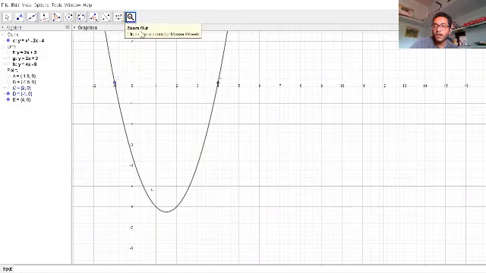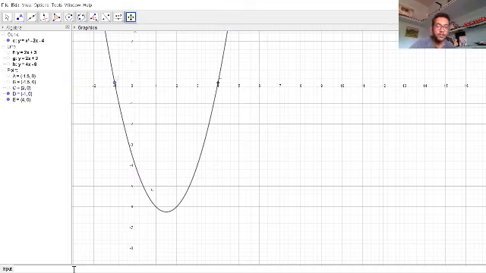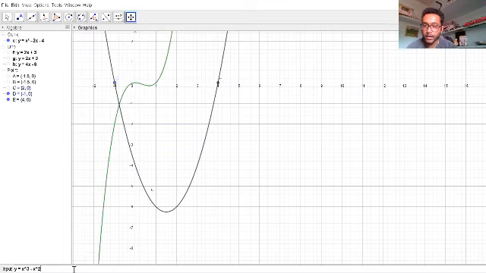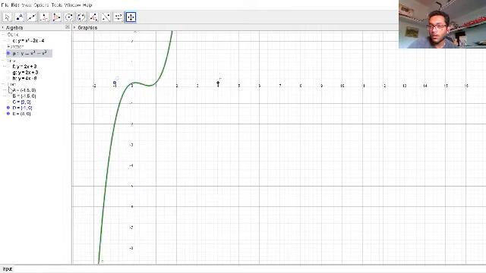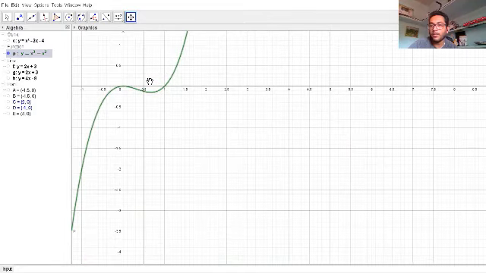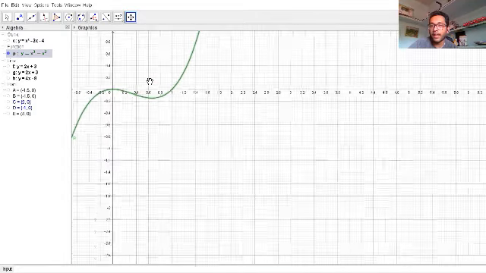Right, so now we'll take a cubic polynomial. Y is equal to x cube minus x square. See, this is our y is equal to x cube minus x square.